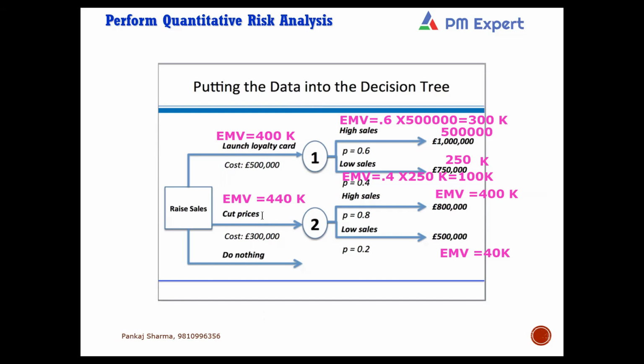Now, just asking you, if in a multiple choice question you get an answer like this, EMV is minus 440K for cut price and minus 400K for launching the loyalty card, what should be the option? Do nothing. If both figures are negative, then go for do nothing. Why bear a loss?